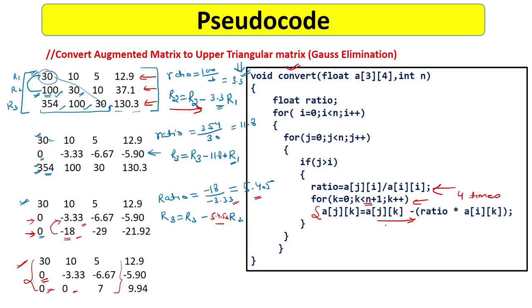It is again and again applying the row operation: first on this, then this, then this, and then this. After that is over, it goes again, finds the ratio, and applies the row transformation again. You can check the Gauss elimination video for in-depth coverage of this code.